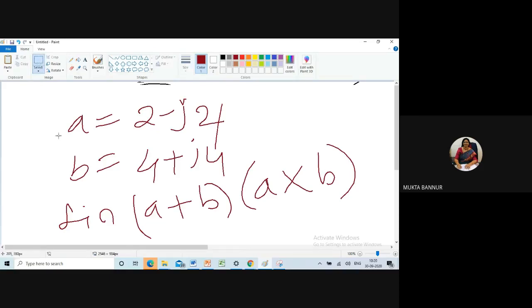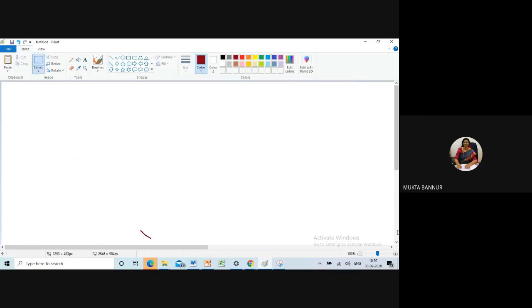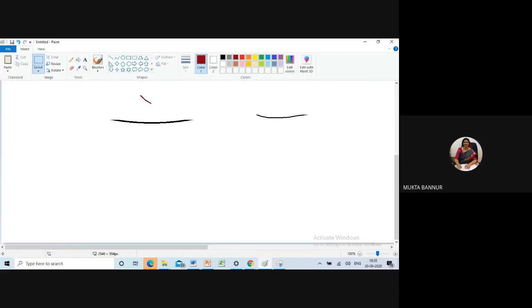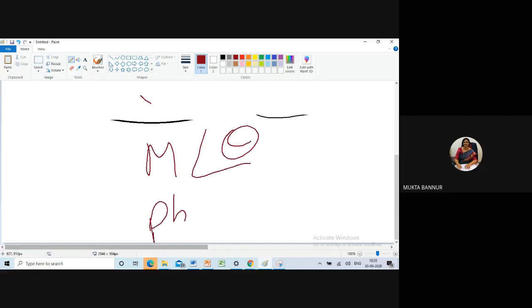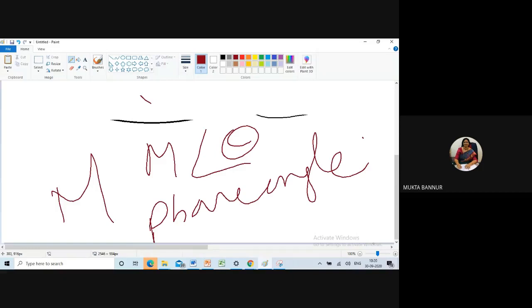Okay. See, this is known as magnitude. What is it called? Phase angle. This is magnitude. You need to practice it through your scientific calculator.